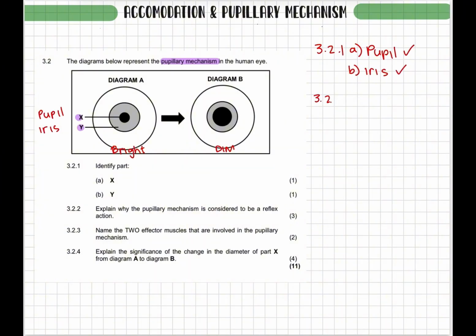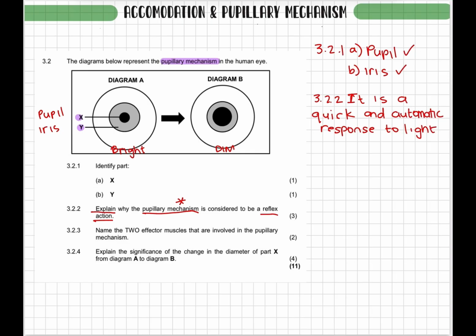For 3.2.2, it says explain why pupillary mechanism is considered to be a reflex action. I'm assuming we need to define reflex action in relation to pupillary mechanism. We know that reflex action is a quick and automatic response to a stimulus, and in this case it will be a quick and automatic response to light.